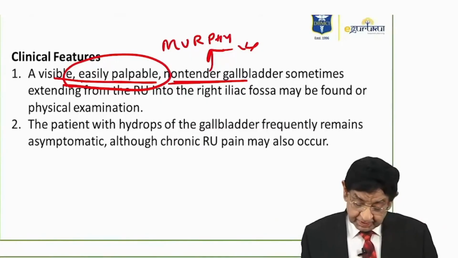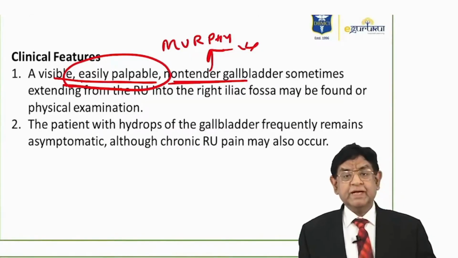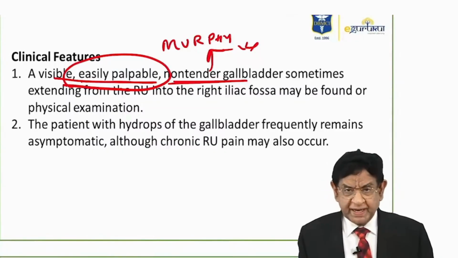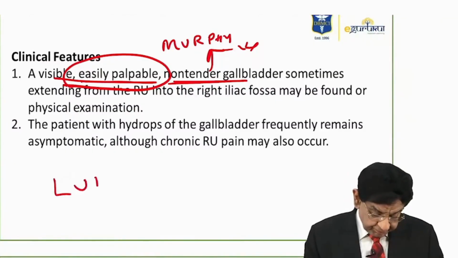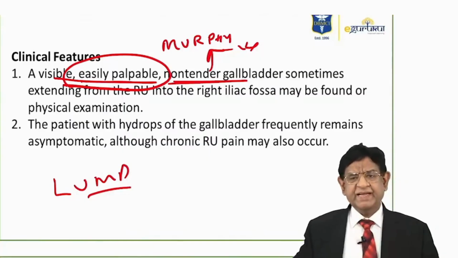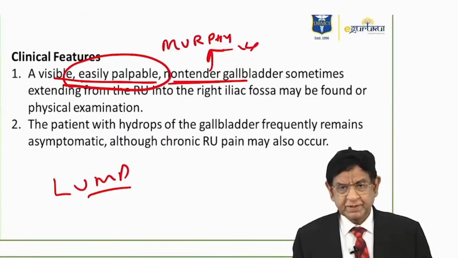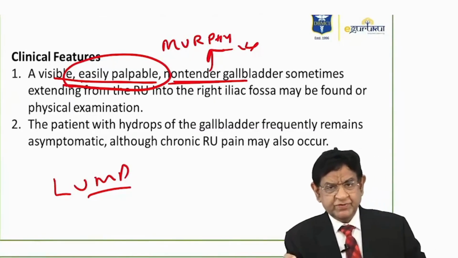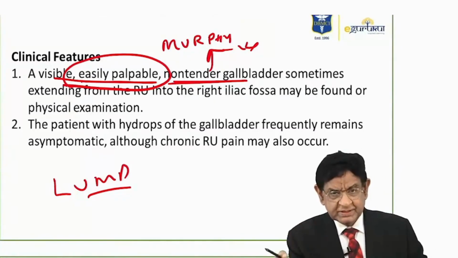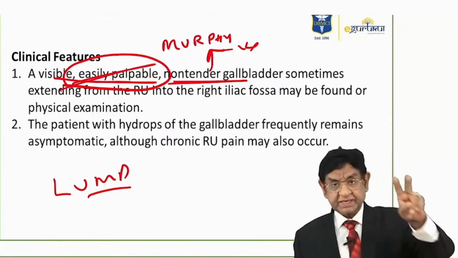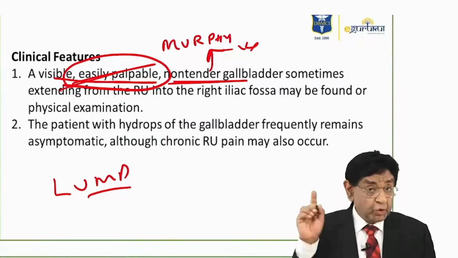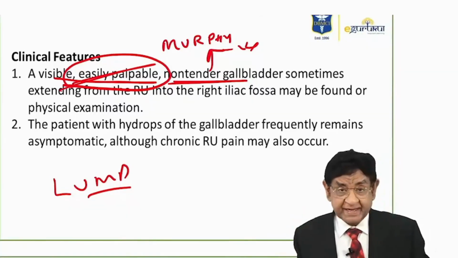Most of the time, the only finding will be no pain, no tenderness. The patient will come with a lump in the abdomen, saying, I can feel a swelling in the right hypochondrium. So friends, the first keyword was collection of mucus. Second keyword is very enlarged and easily palpable gallbladder. Also, no tenderness; Murphy's sign will be negative in these cases.